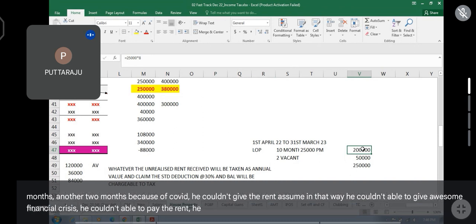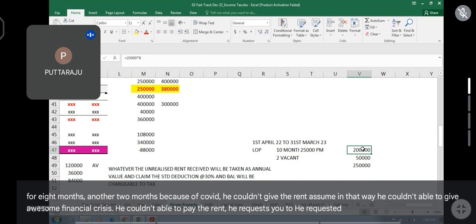He requested that he will pay at a later stage. You agree?